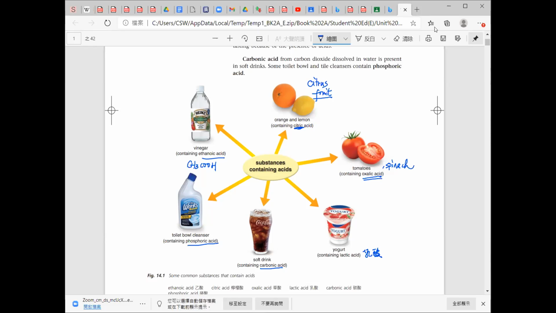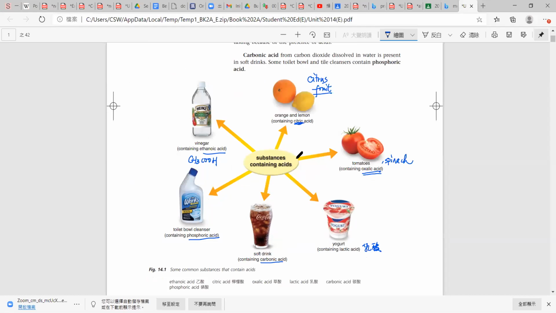For those who have got a pen, you may write it on the screen as well to let others know that you have got the answers.